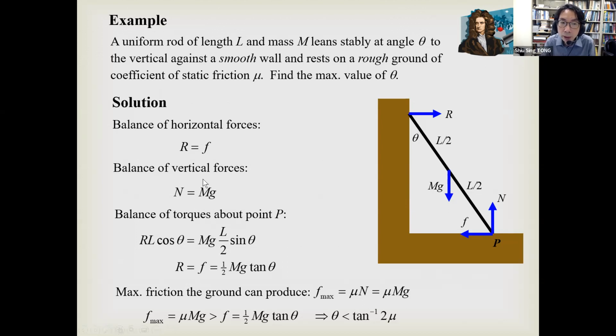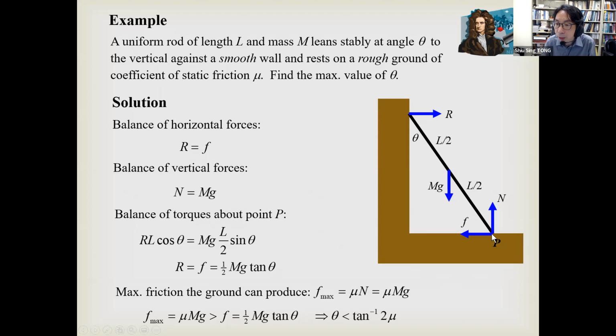Now here we have already finished considering the force. And how about the moment, how about the torque? We can take moment about any point we like. For convenience, I would like to take moment about the point P, which is in contact with the ground. Why do I like to do this?